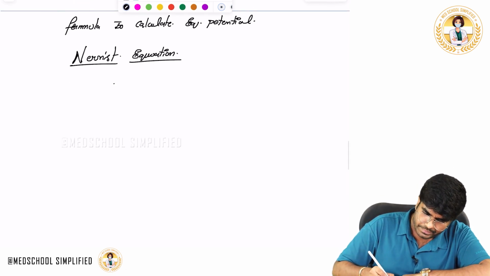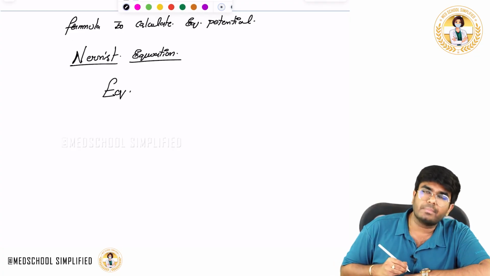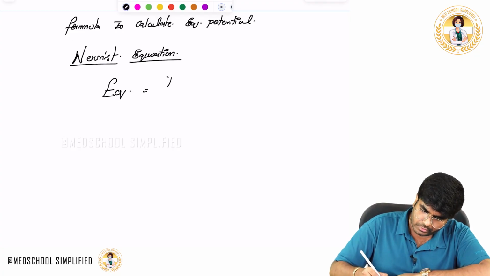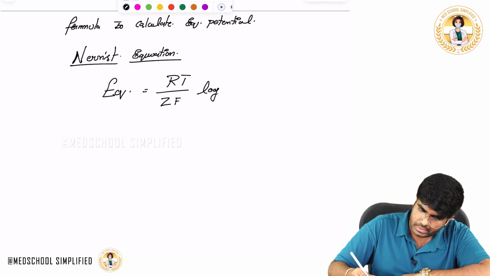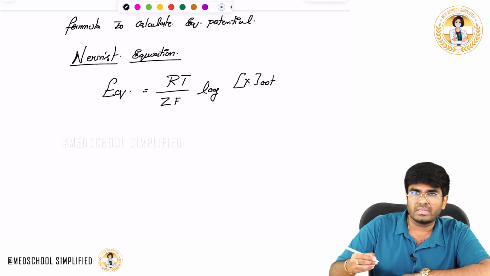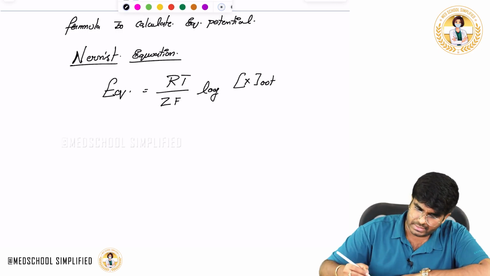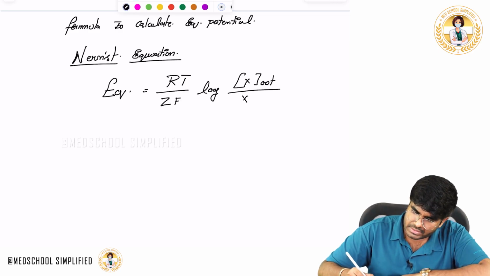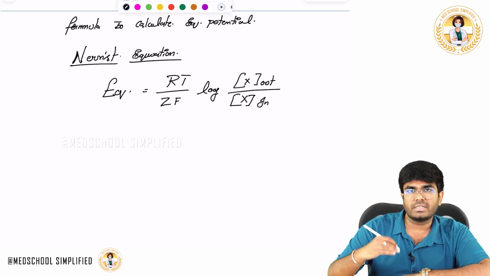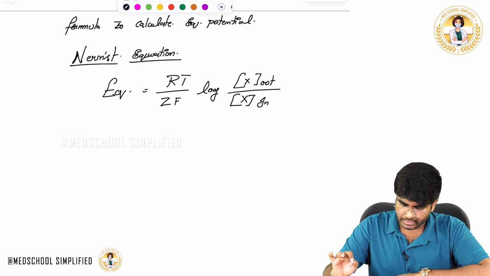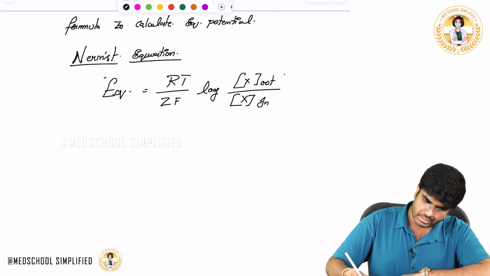So the formula is: equilibrium potential is equal to RT by ZF log of the concentration of an ion outside the cell by the concentration of the same ion inside the cell. So this is the equation.